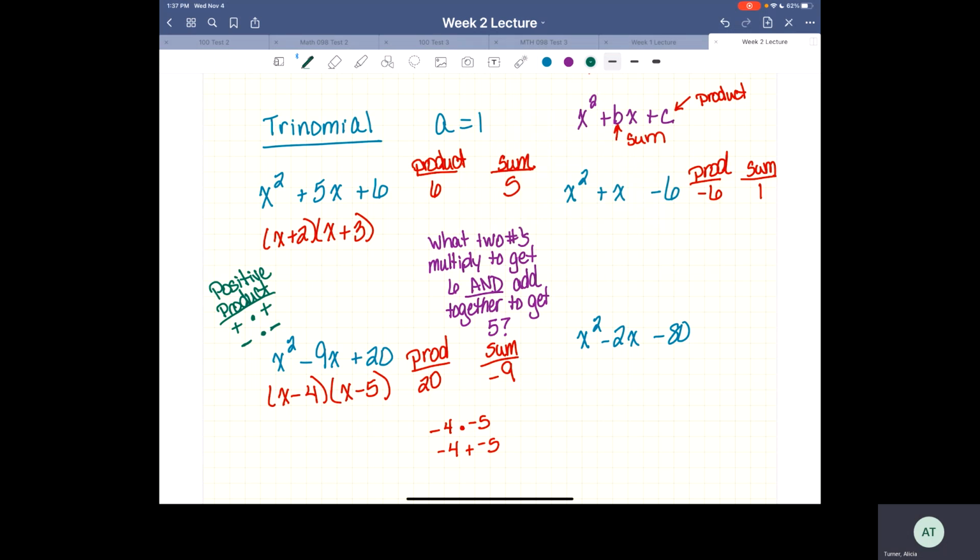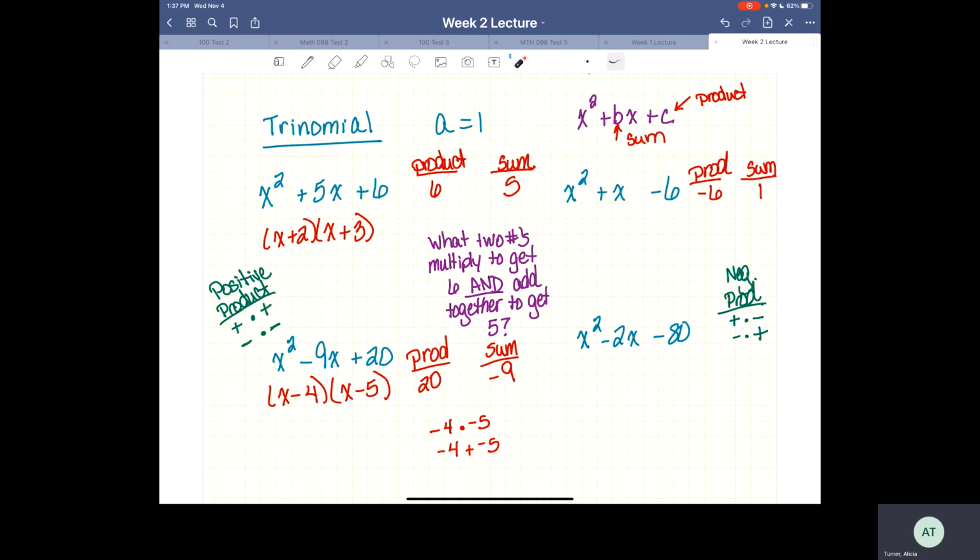Now, in order for me to get a negative product, I have to have a positive and a negative multiplied together. That's the only way.